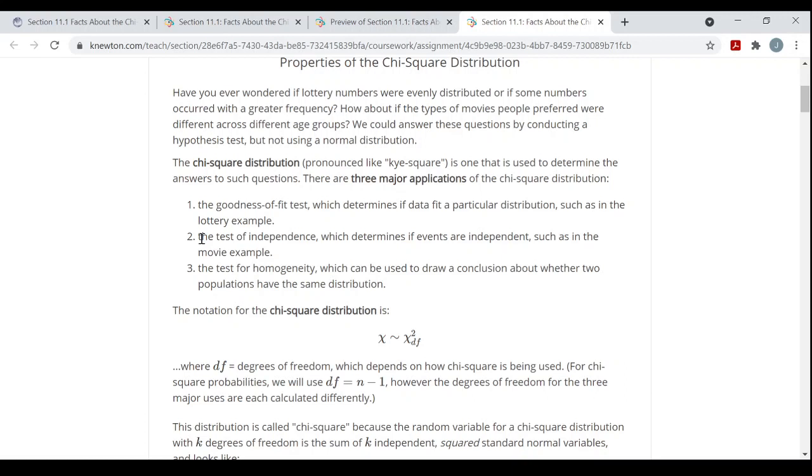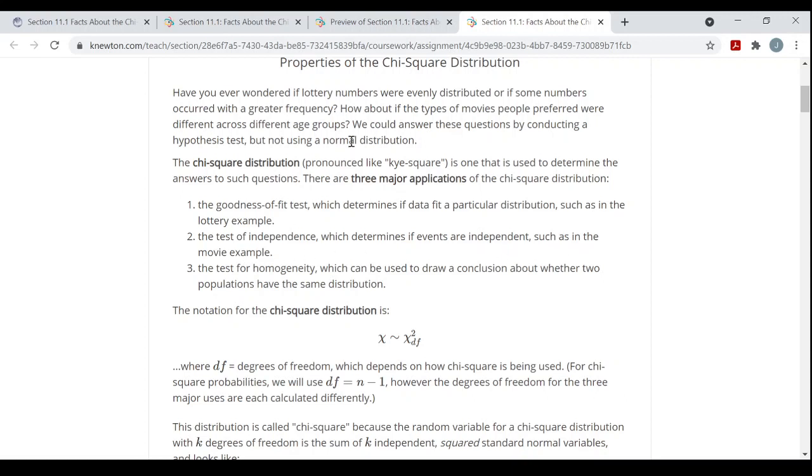Another scenario we'll come across is a test of independence, which will determine if events or variables, in most cases two variables, maybe height and weight, are independent of one another.